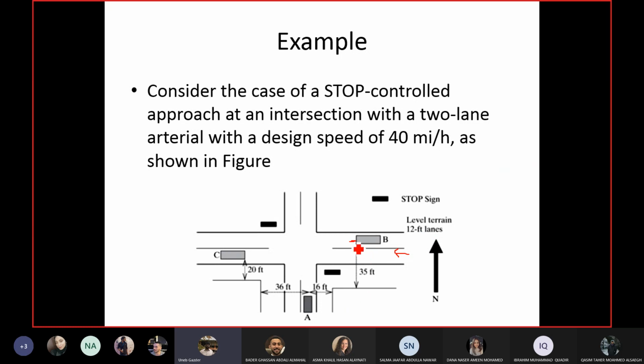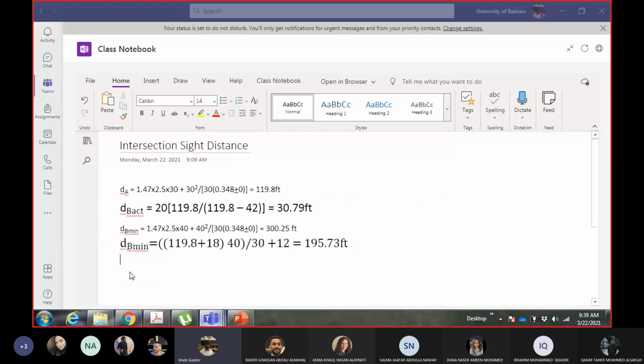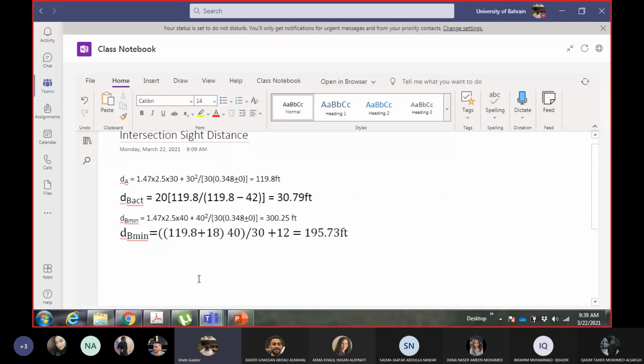So 35 plus 6, 41 feet. So we have dA, which is 41 plus 18, so this is 59 feet.